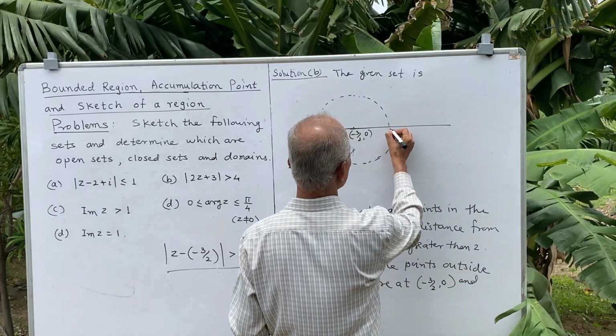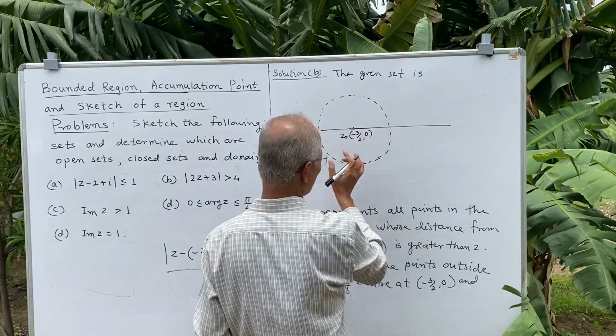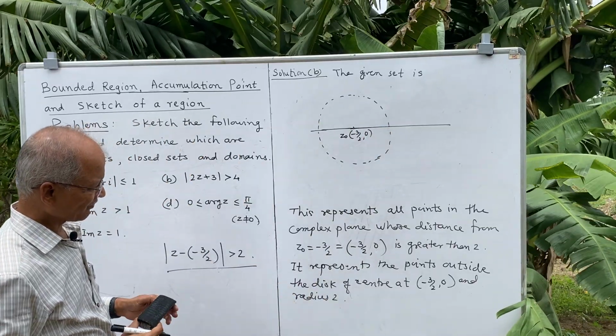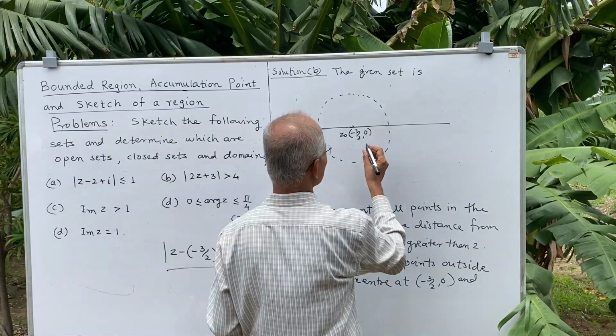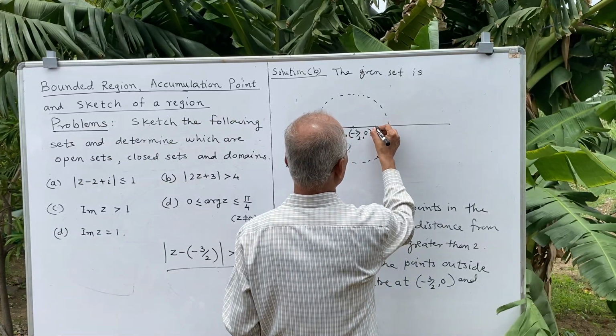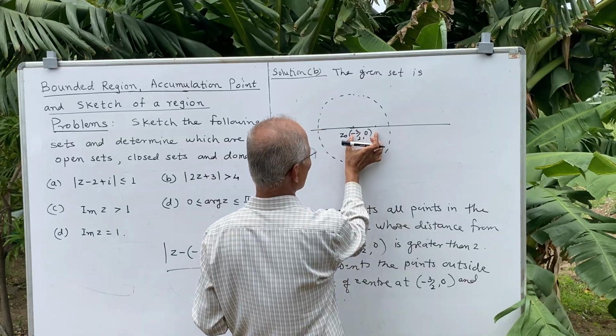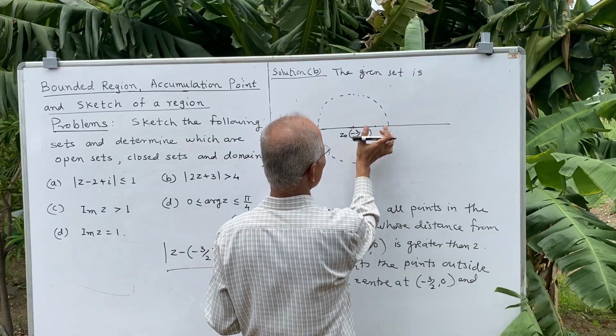So the radius of this is 2, and the y axis will be at some point here, because this is 1.5 distance, and the radius is 2.